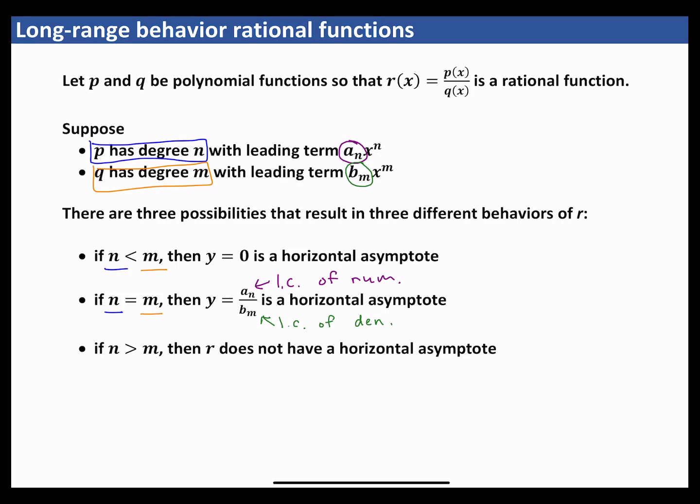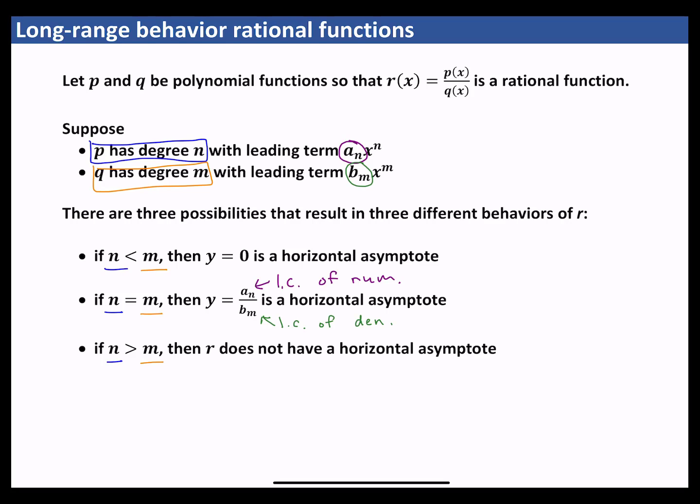So if the numerator and denominator have equal degree, then we can divide the leading coefficients to find the horizontal asymptote. Lastly, if n, the degree of the numerator, is greater than m, the degree of the denominator, then r does not have a horizontal asymptote.